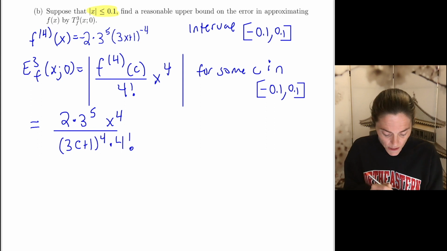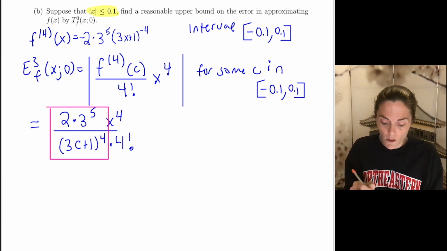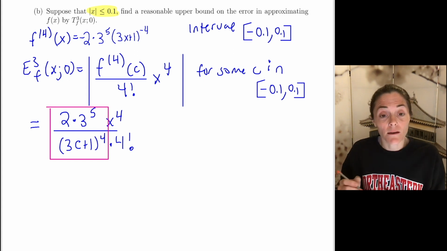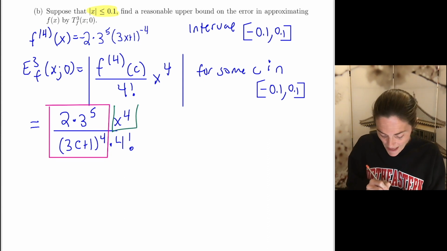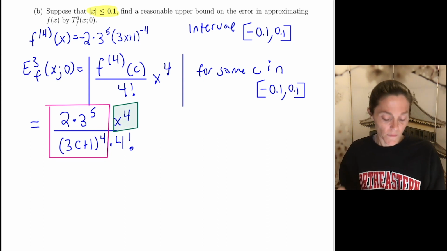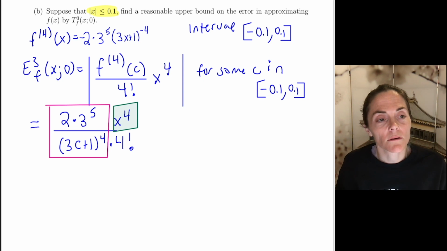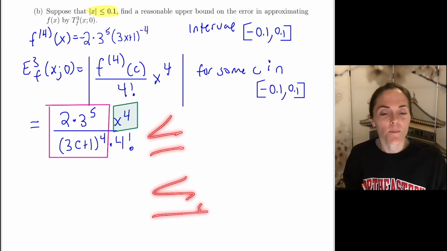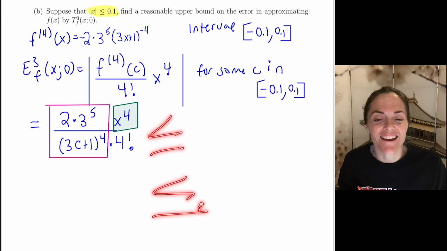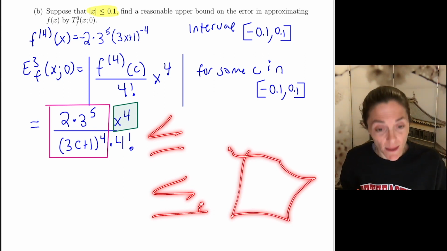First, I want to make this as big as possible on the interval. And then second, and also independently, I want to make this part as big as possible on the interval. So I will have 2 less than or equal to's, one for each step. And then overall, you can say the error is less than or equal to what we have at the end.